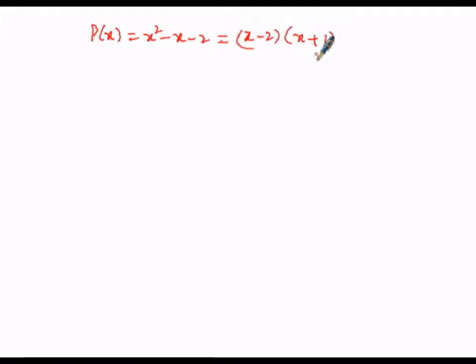But in order to get the zero of the polynomial, we have to equate p of x to 0.